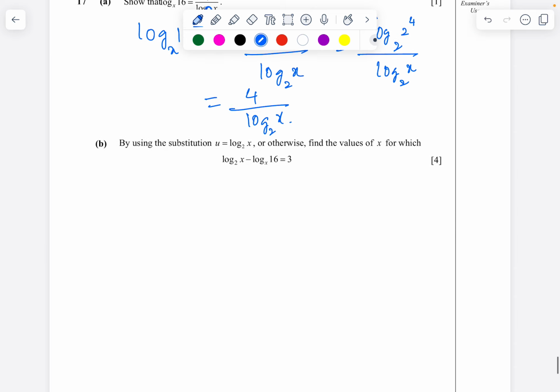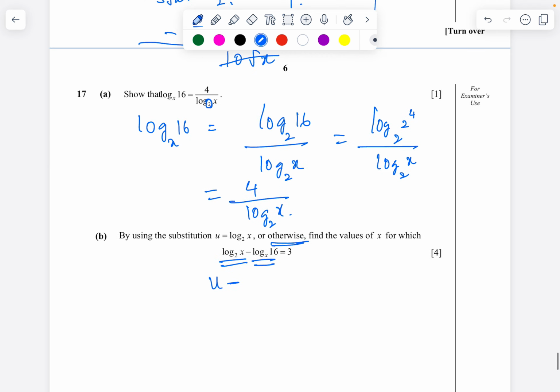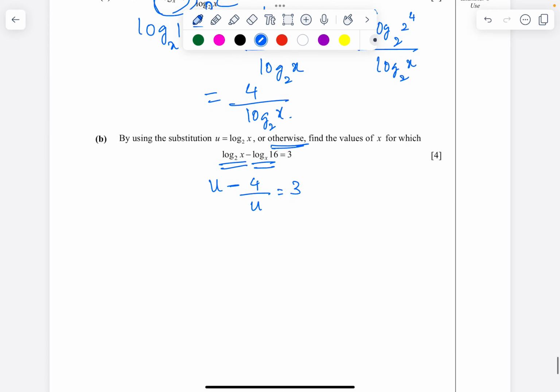By using the substitution u equals log base 2 of x, or otherwise. We just changed this one to this, right? So I will use u plus 4 over u is equal to 3.